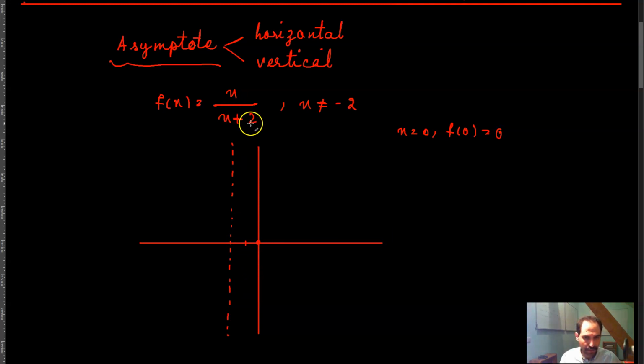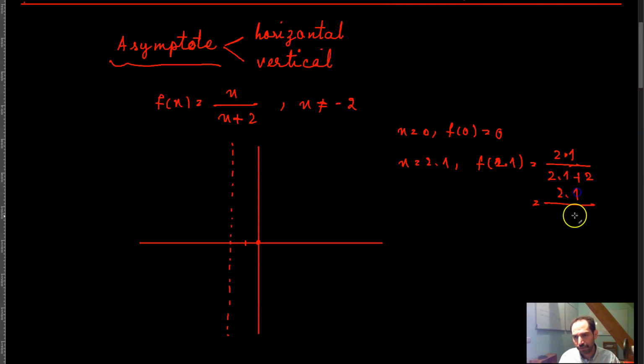Now as you get closer and closer to -2 from the right, you would have, for example, f of 2.1 is equal to 2.1 over 2.1 plus 2, which is 2.1 over 4.1.